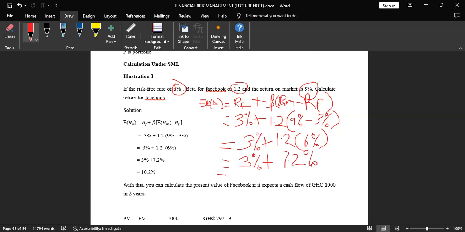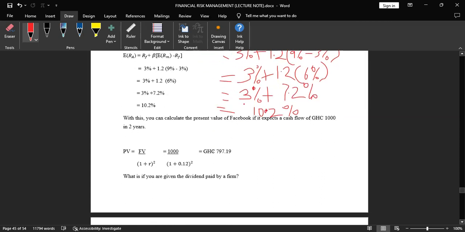So at the end of the day, the return that we got is 10.2%. That is the answer.